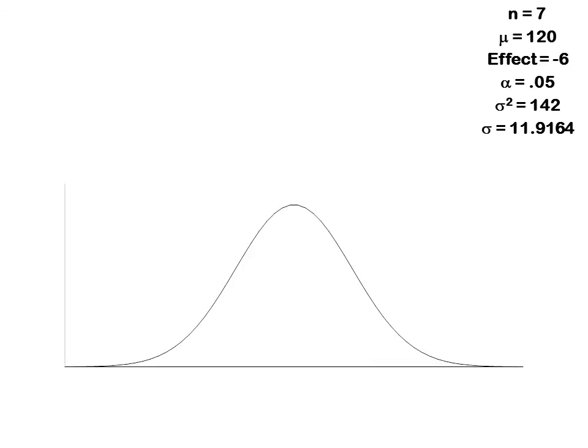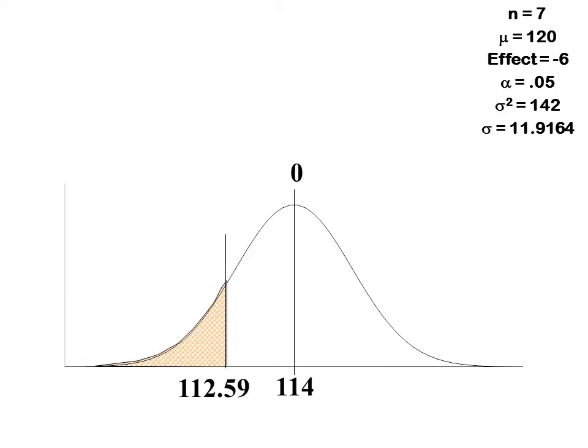So now I draw my new picture. Now this is when the effect size is negative 6. This is when it really does work. So if the mean before treatment is 120 and it reduces everybody's score by 6 points, my new mean should be 114. Now I say, where would 112 be?